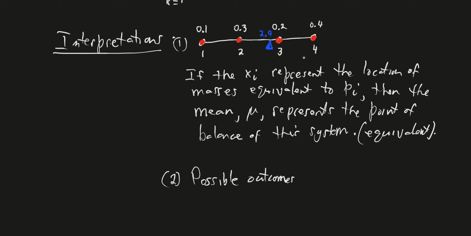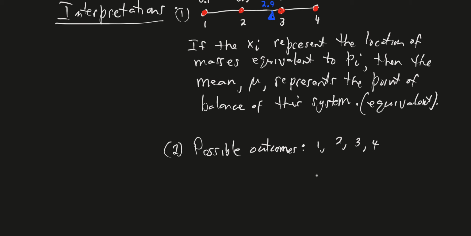And these are the possible numbers: 1, 2, 3, 4. So each time we perform the experiment, we will get one of these four numbers, right?